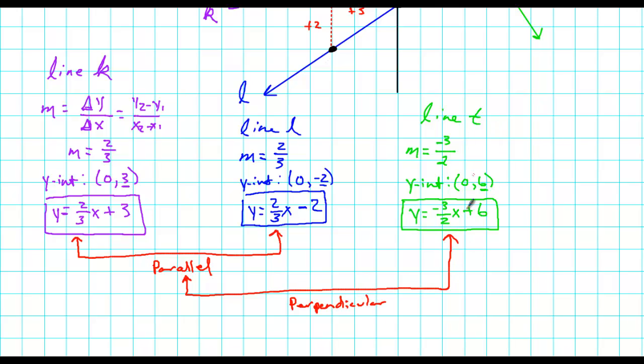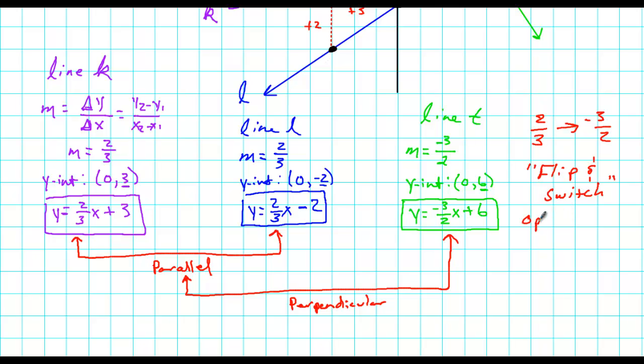But how would we describe what's going on with the slopes here? We went from 2 over 3 and we turned it into negative 3 over 2. Well, an easy way to remember it is this little phrase, flip and switch. Okay? We flip it over and we switch it from positive to negative.